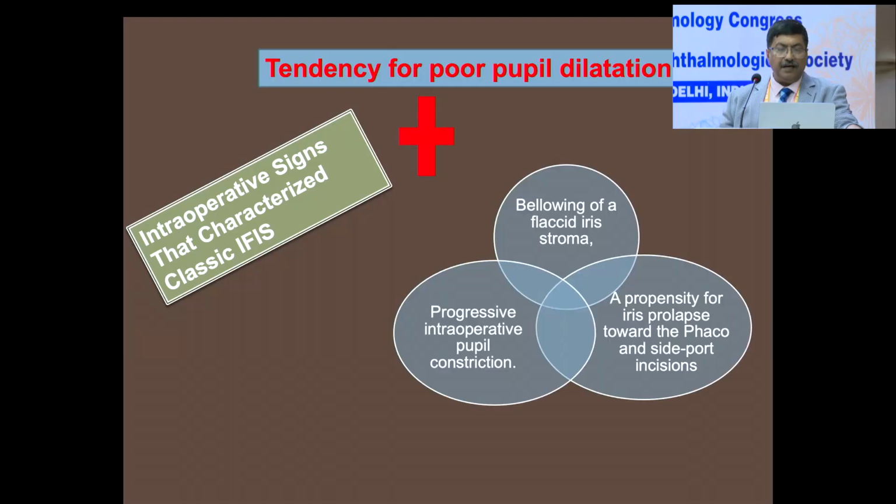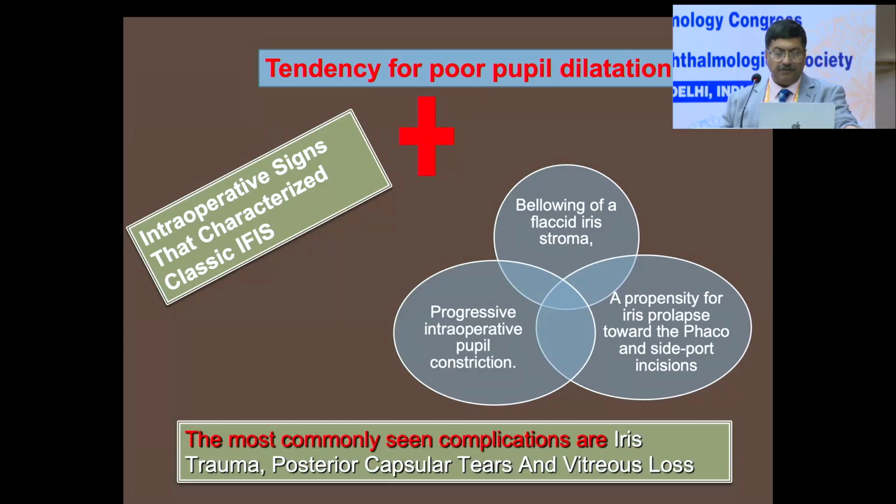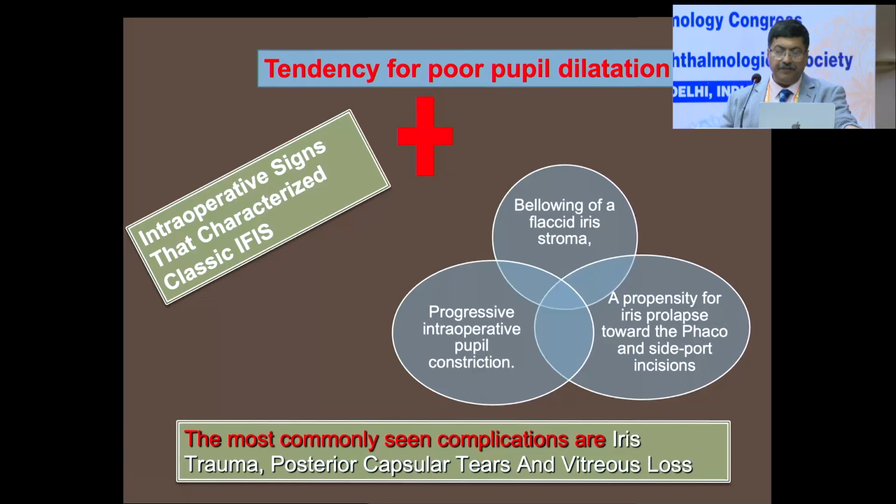The signs are a tendency for poor pupil dilatation, along with billowing of the flaccid iris stroma, a propensity for iris prolapse towards the phaco and side port incision, and progressive intraoperative pupillary constriction. The most commonly seen complications are iris trauma, posterior capsular tear, and vitreous loss.